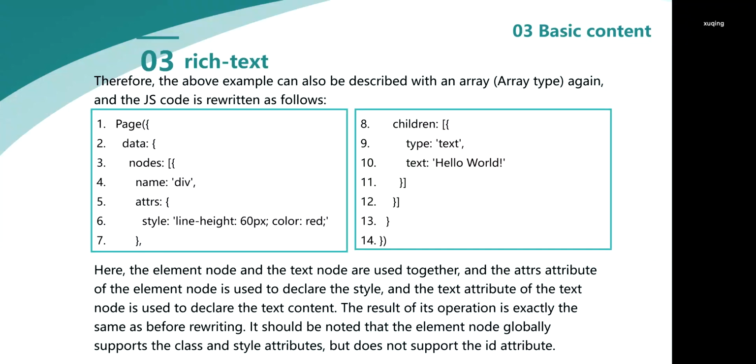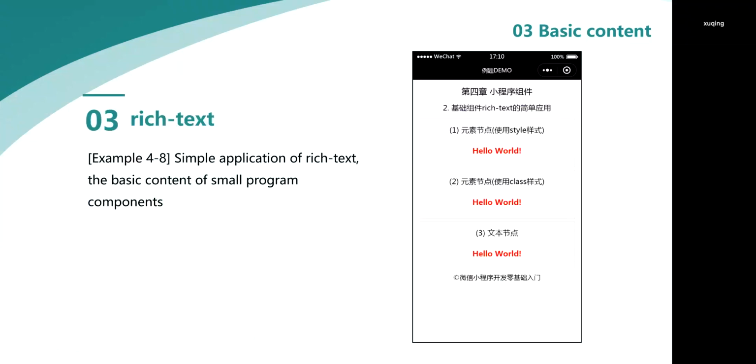Then we need to see the next component, the next application. Here we have a simple application of rich text. Here we have the basic content of small program components. You see here we have three parts.